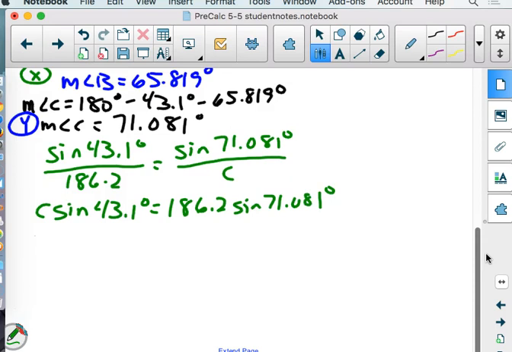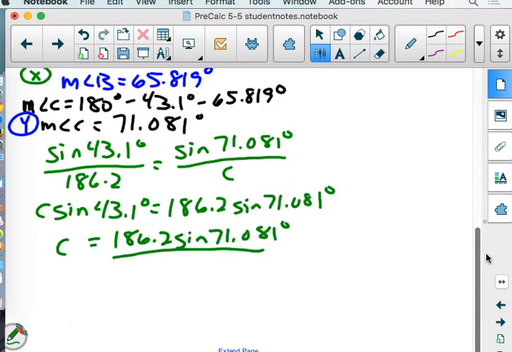Getting to the point where you want to skip the step where you have to divide too. Yeah, I am too, but we're not supposed to do that. You know, we're supposed to show every little step as we go through this. So C equals 186.2 sine of 71.081 degrees over the sine of 43.1 degrees.